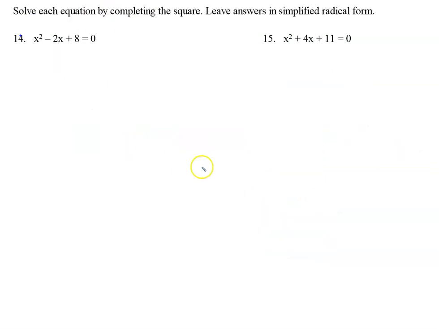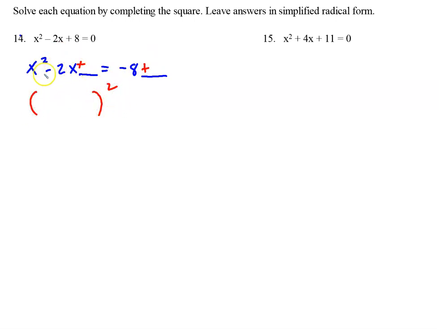All right, completing the square. We need a perfect square trinomial. This isn't because 8 doesn't have a perfect square root. So I'm going to get rid of 8, move it to the other side using subtraction, and it's going to be replaced by a number that has a perfect square root and makes a perfect square trinomial, and that number will be added to both sides.